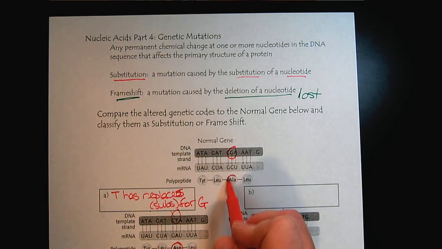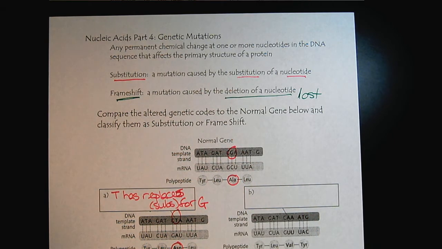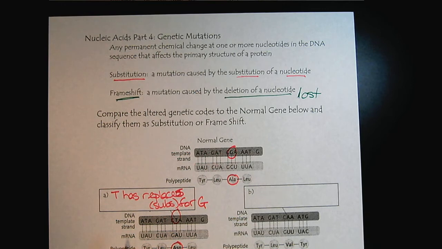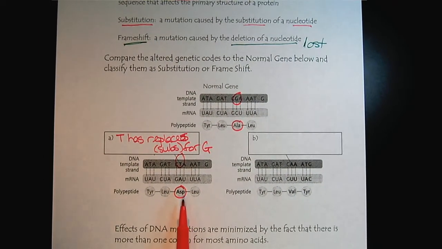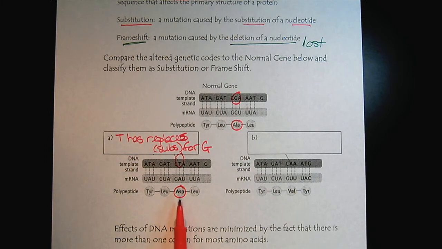So it's this amino acid right here. So notice with the substitution that everybody else remains the same, and if we look afterwards, the leucine matches. So here there's just one amino acid that has been replaced or substituted.